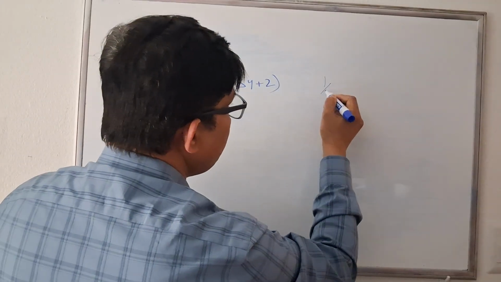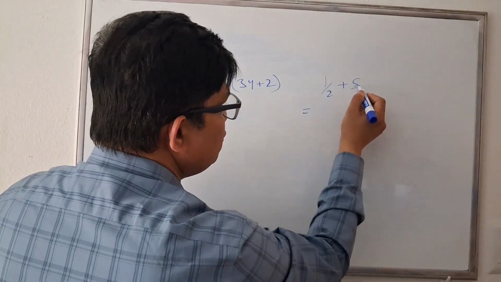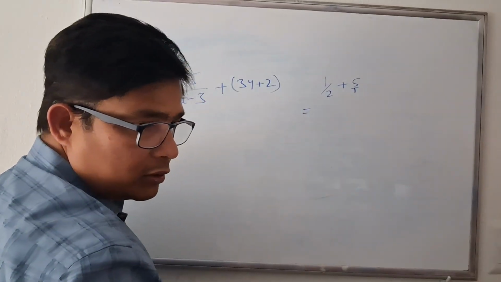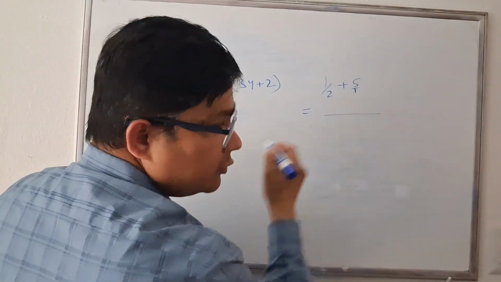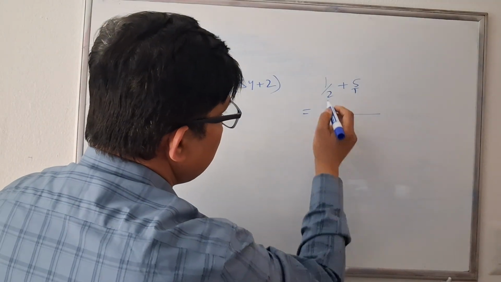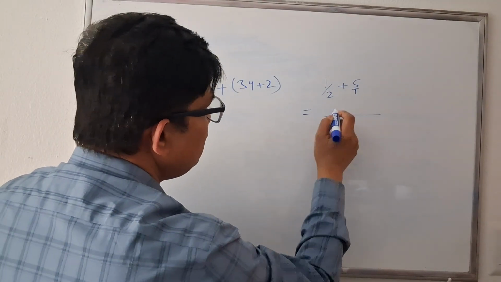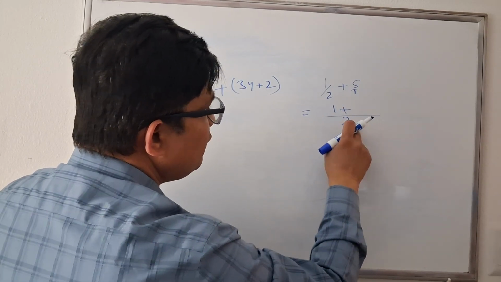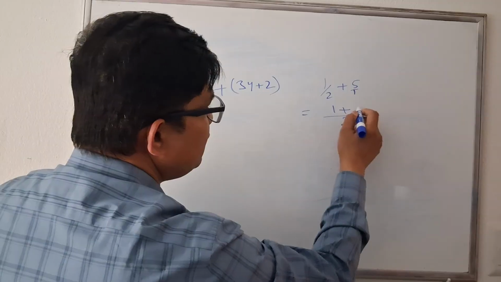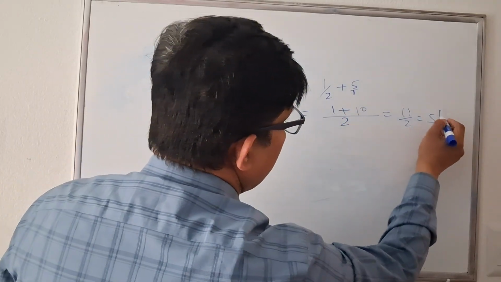Let's say 1 by 2 plus 5. What did you do? You put 1 here, and then you took the LCM of 1 and 2, which is 2, and then 2 divided by 2, 1 times 1, 1, and then 2 divided by 1, which is 2, 2 times 5, 10, and this became 11 by 2, which is 5 and 1 by 2.